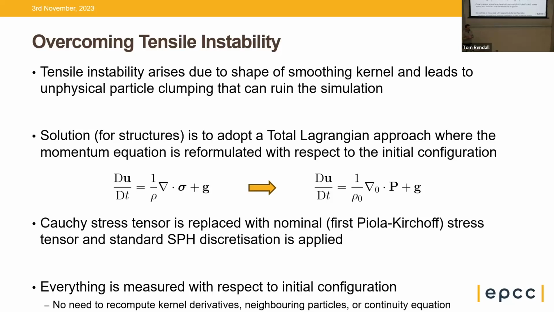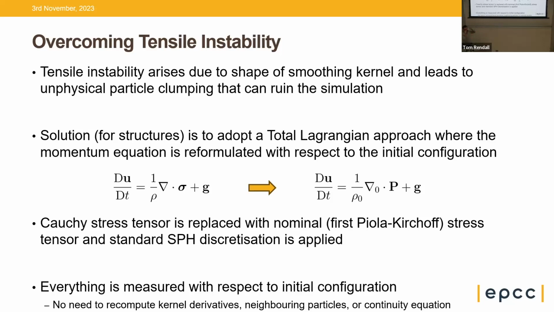One approach to eliminating that with structural mechanics is to reformulate the problem in terms of the total Lagrangian approach. So now everything's reformulated with respect to the initial configuration. We start with our original momentum equation, and we now end up with that.